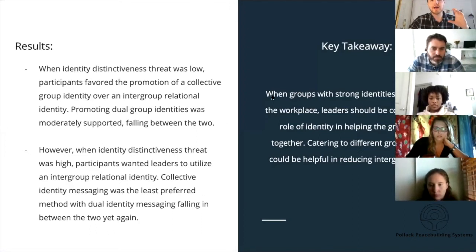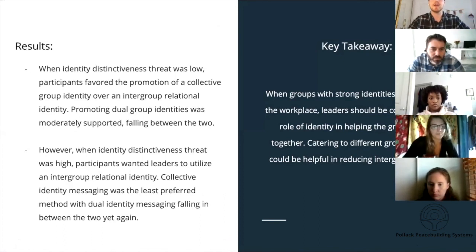And so essentially, with the results here, when they rated their identity distinctiveness threat as low, there were more favorable evaluations of the leader within a collective group identity. And the opposite was true when identity distinctiveness threat was high. Participants rated leaders higher when they used an intergroup relational identity, and rated the collective identity leader as least preferred.